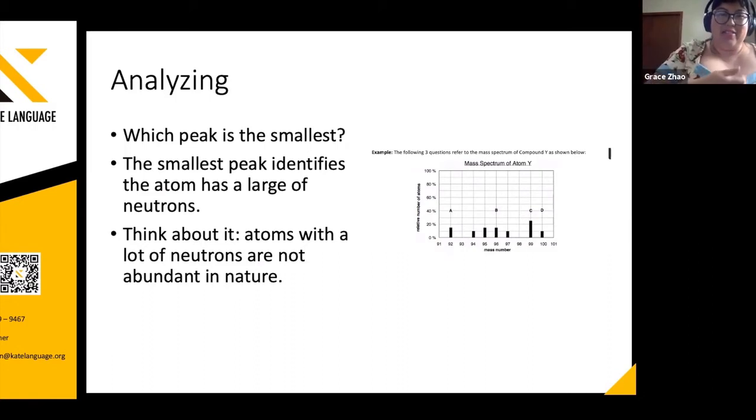It's not something you randomly find in nature. So when we think about identifying the neutrons for this unknown, we want to know which one is the smallest one, because which one am I not going to randomly find out there in the world? Does anybody have any questions here?